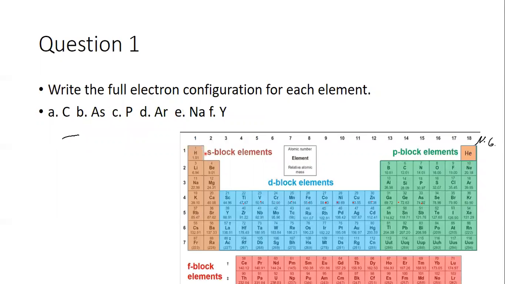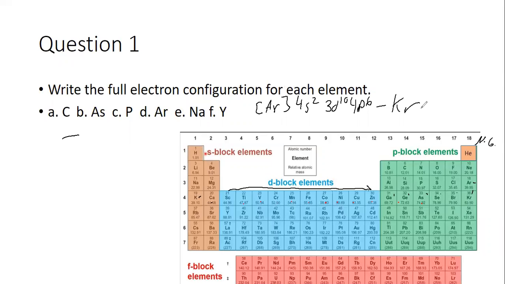So the shorthand is, okay, we start at argon because that's what we're saying we're at. Then we go 4s2, 3d10, 4p6. So 1, 2, 3, 4, 5, 6. The element is krypton. So krypton has the electron configuration of argon 4s2, 3d10, and 4p6.